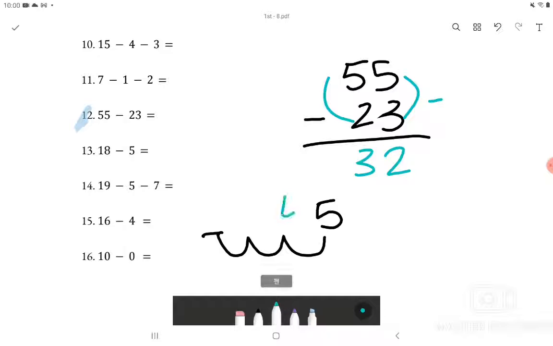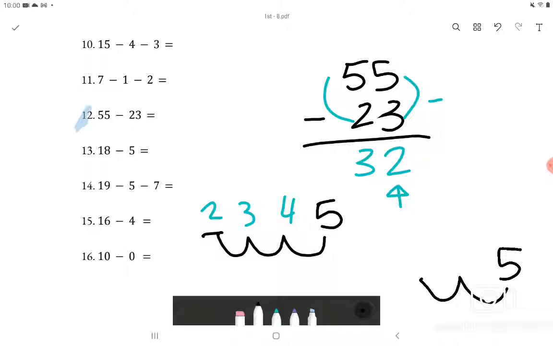So it'll be 4, 3, 2. And that's why the ones place has 2. And when you're trying to solve the tens place, it'll be 5 minus 2. So you'll go from 5 to 1, 2 steps. And when you count, you'll get 3. And that's why the tens place has 3 as the answer. So the answer for number 12 will be 32.